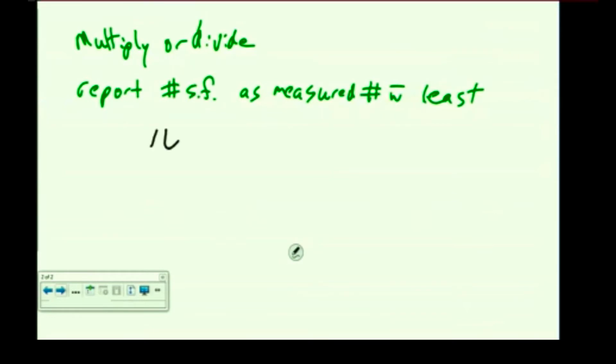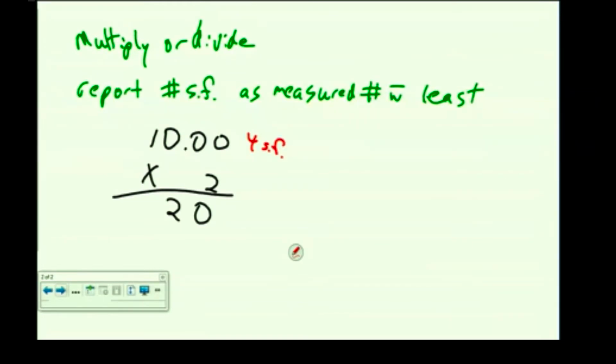If I have 10.00 times 2, what's the answer? 20. Is that the answer? Well, let's see. How many sig figs do I have up here in the 10.00? 4 sig figs. And how many sig figs here? Just 1 sig fig. So how many do I need to have in my answer? 1. Do I have 1? Yes, there is 1.